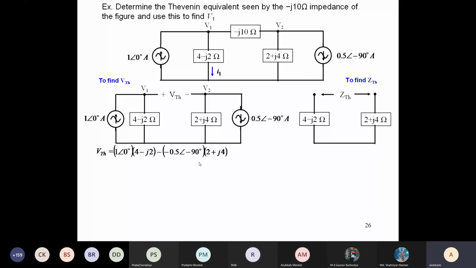I reverse that current because I want to find the potential at point 2. So that is the total potential at point 2: minus 0.5 angle minus 90 into 2 plus J4. Subtract it from point 1 to get VTH.